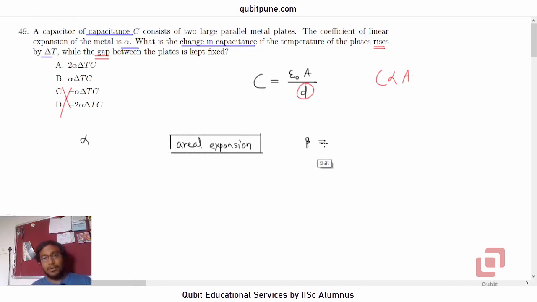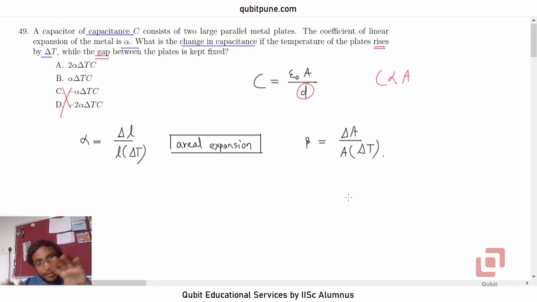And how do we define beta? Beta is delta A by A into delta T, in a similar way as we define alpha. Alpha is actually delta L upon L into delta T, but in this case it is delta A upon A into delta T.